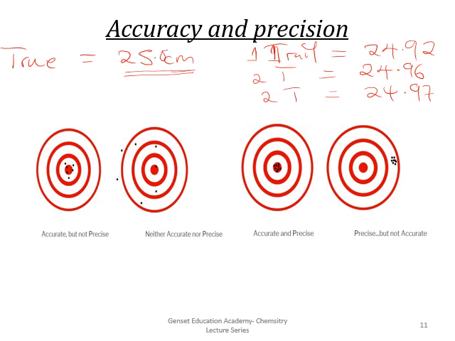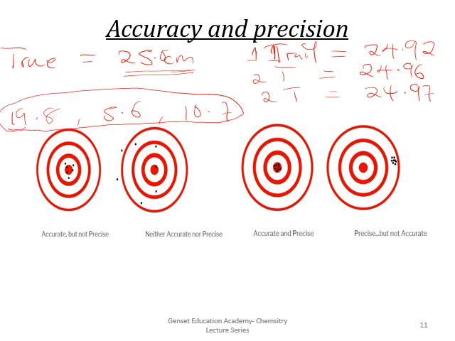But in a situation where they are far away, let's say for example we had 19.8, then 5.6, then 10.7. These are not accurate and not precise because our true value is 25. They're not precise because precision deals with whether they are close to each other. If they're not close to each other, they're not precise.